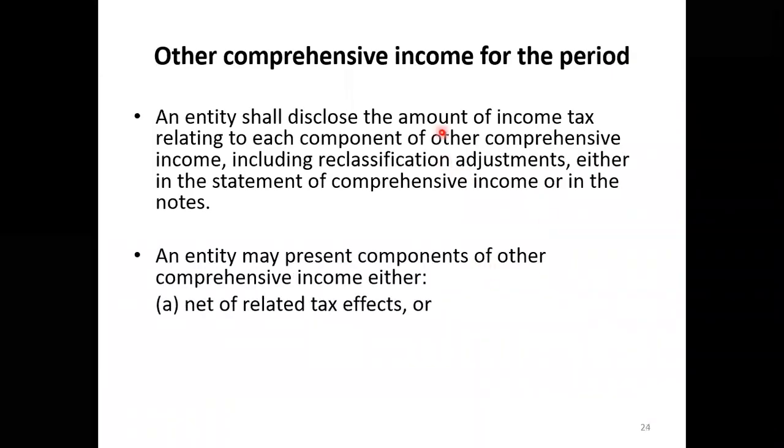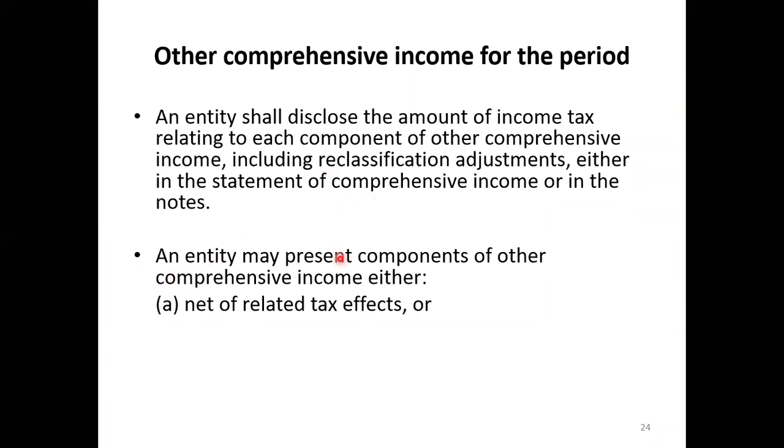An entity shall disclose the amount of income tax relating to each component of other comprehensive income, including reclassification adjustment, either in the statement of comprehensive income or in the notes.